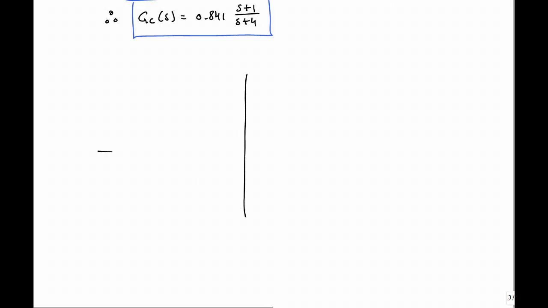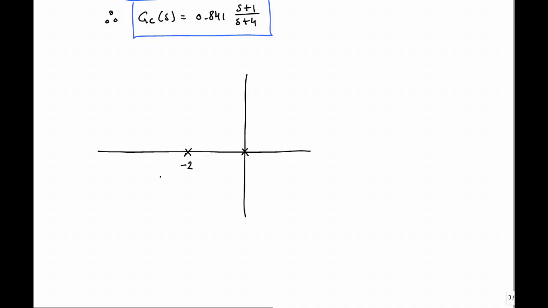If we had a system that had a pole at -2 and say a pole at minus 0.5. Okay, then when we added in our compensator, actually let's just keep it at 0 here.